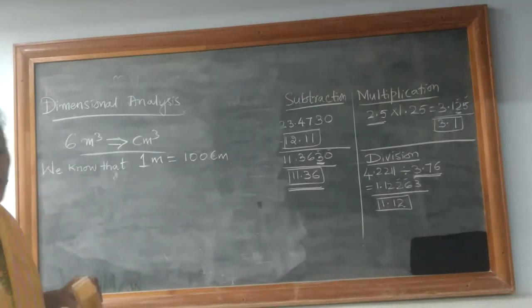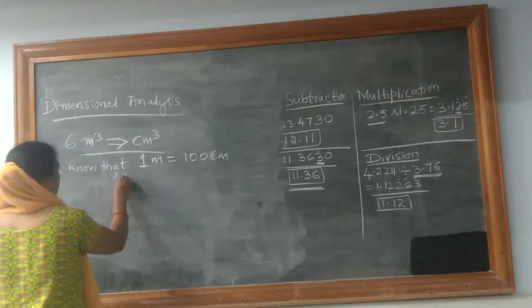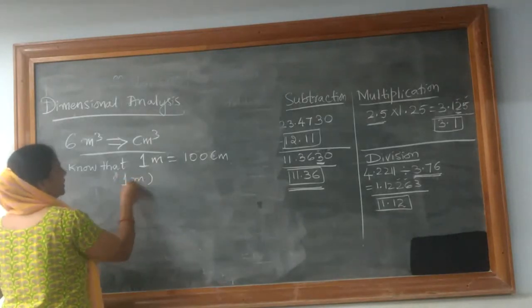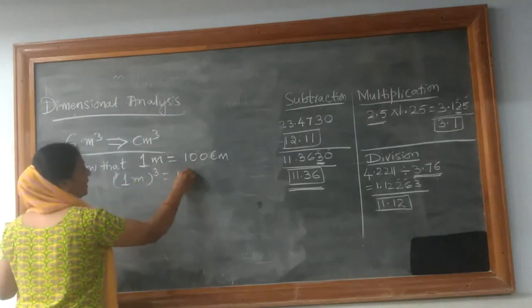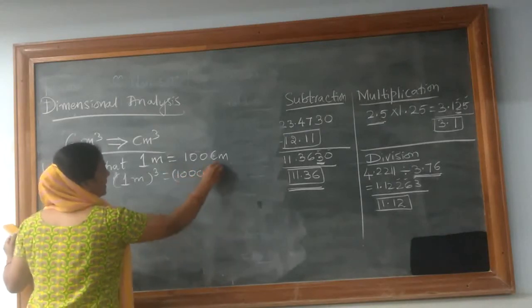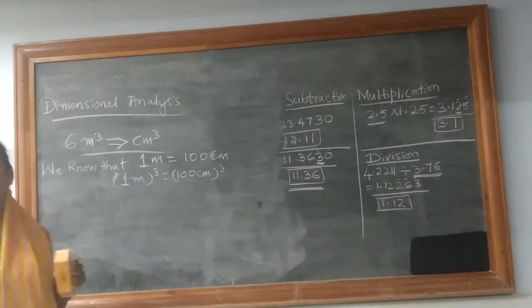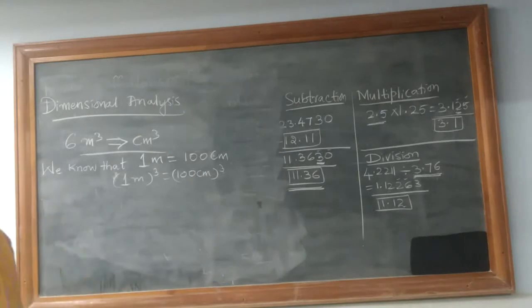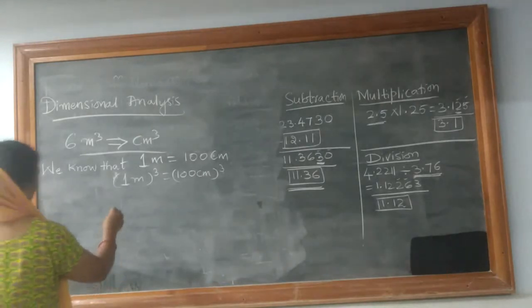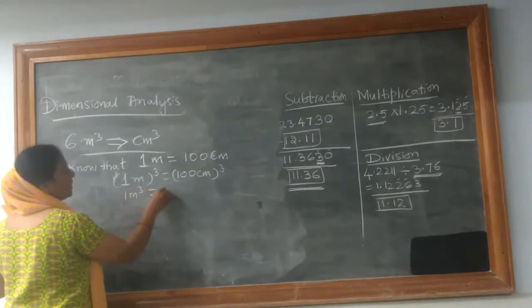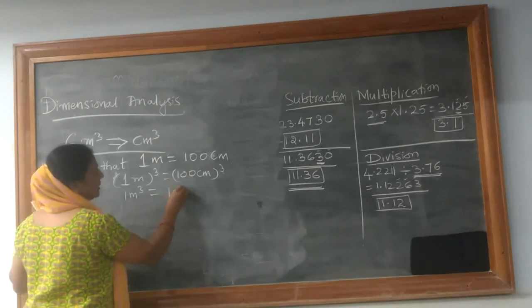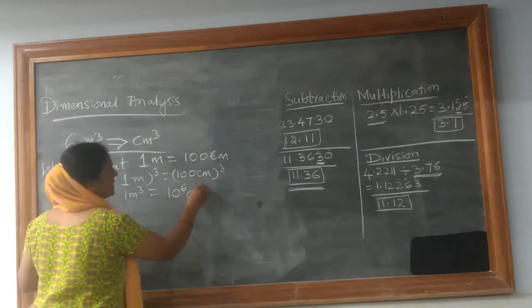So therefore, 1 cubic meter will be equal to 100 cm raised to 3. I hope this is clear to you all. So that 1 cubic meter will be equal to 10 raised to 6 cubic centimeter.